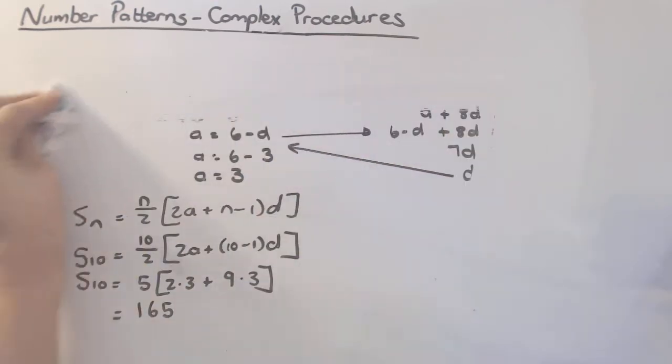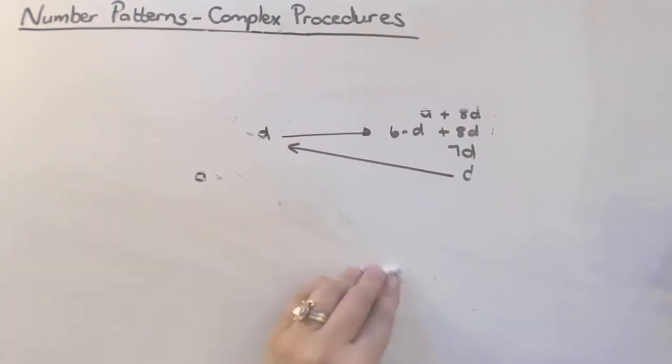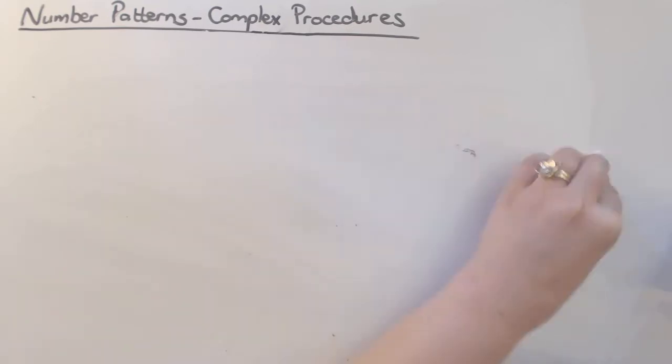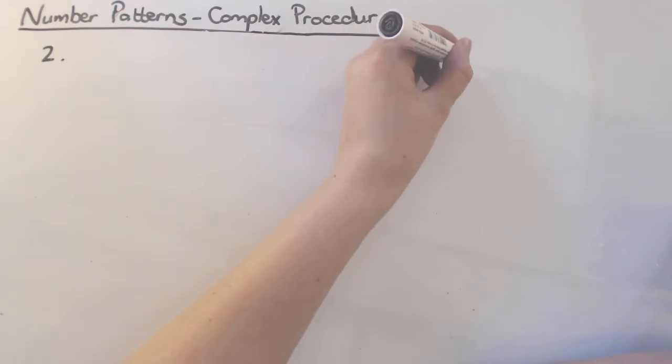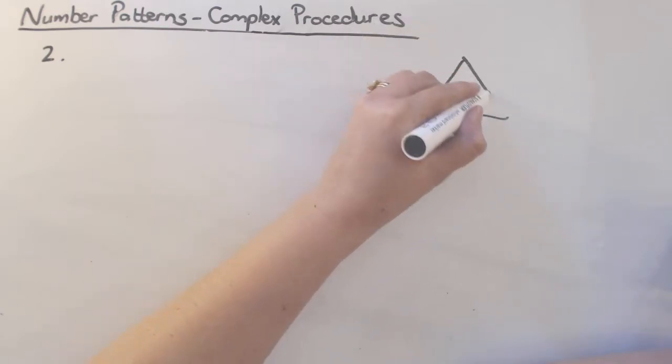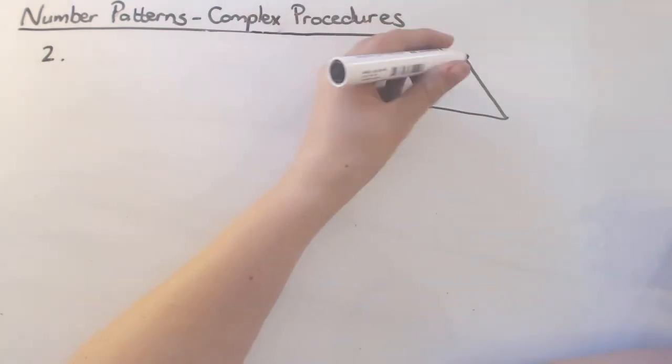Okay, the second question is for 4 marks. It says the sides of an equilateral triangle are 100 centimeters each. Now, if they give me something like this, I like to just go and draw up a picture.